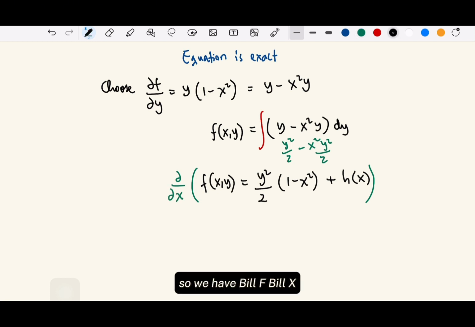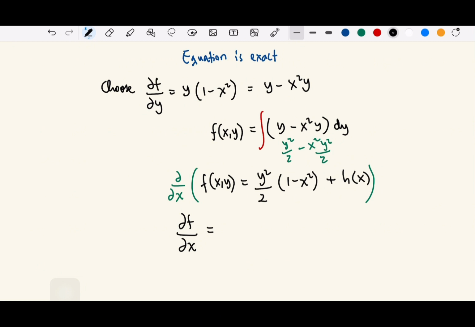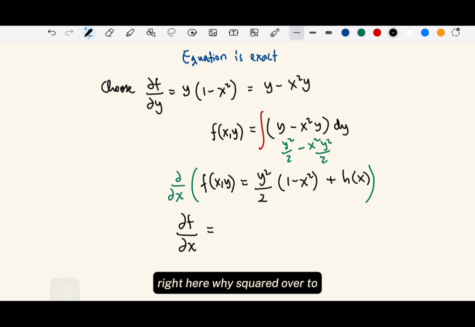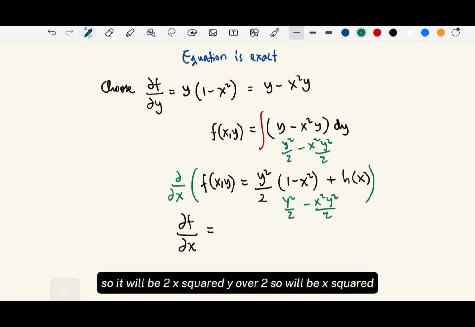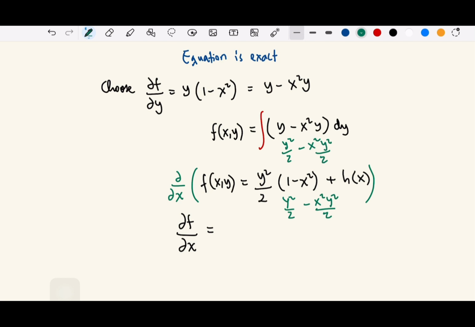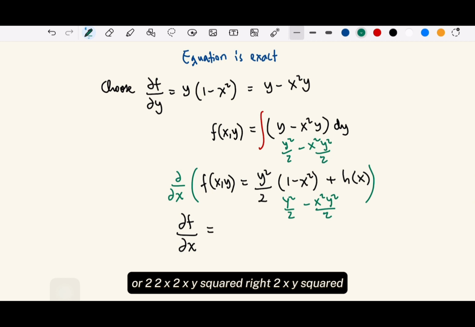So we have dou f dou x is equal to, so it will be negative, let me write here y squared over 2, so it will be 2x squared y over 2, so it will be x squared, or 2xy squared, right?